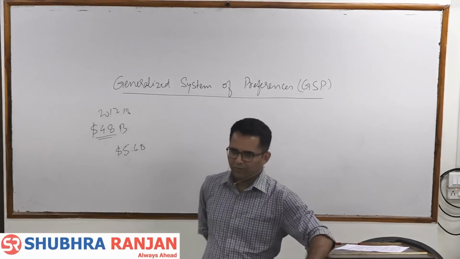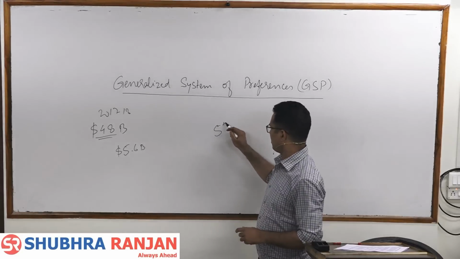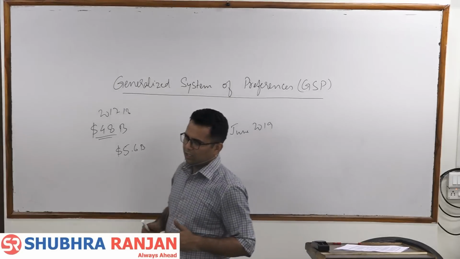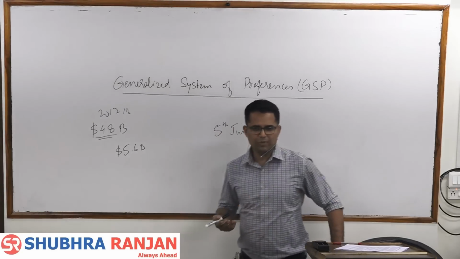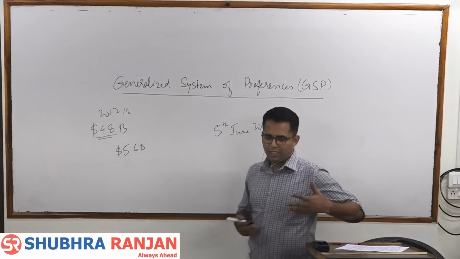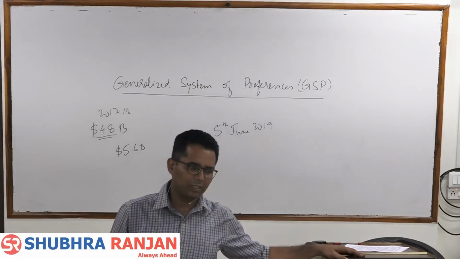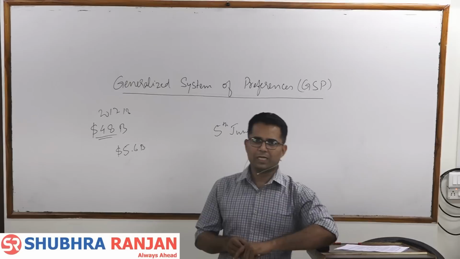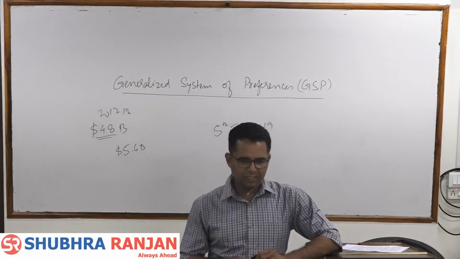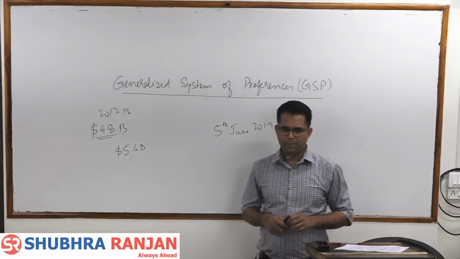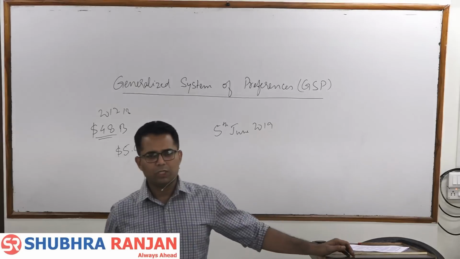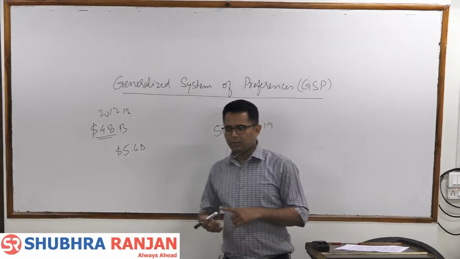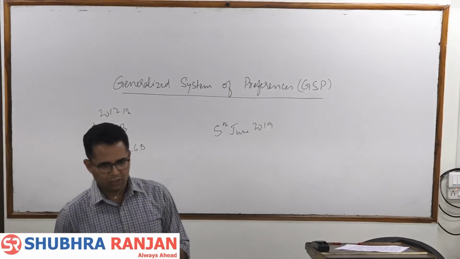Now, recently on 5th June 2019, the US terminated the GSP benefit to India. Why did the US terminate this? Because the US trade body did a review of Indian trade and found that Indian law is not permitting enough market access to US products in certain categories, for example medical devices and certain products of information and communication technologies.